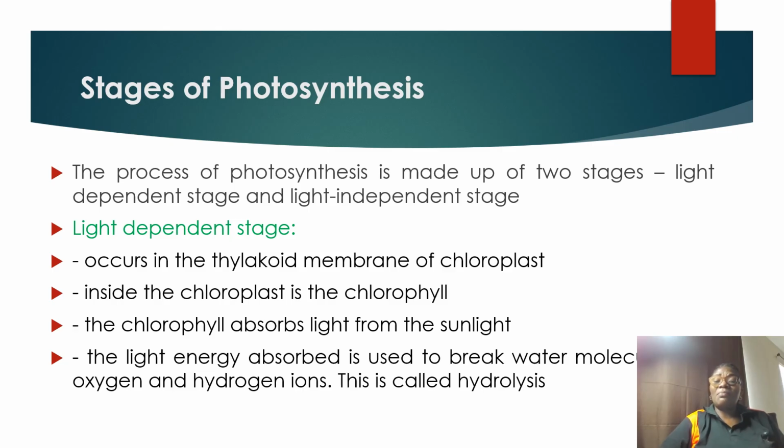thylakoid membrane of the chloroplast, and this thylakoid membrane is inside the chloroplast, and inside the chloroplast we also have what we refer to as the chlorophyll. The chlorophyll absorbs light from sunlight, and the light energy absorbed will be used to break the water molecule into oxygen and hydrogen ions.